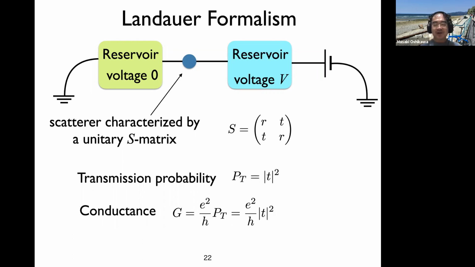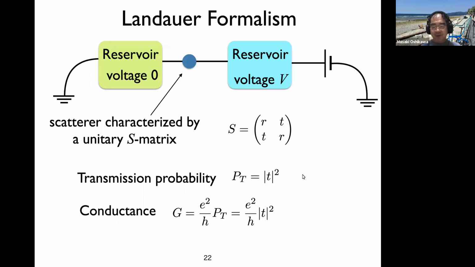So Joule heat is produced inside the reservoir, not at the scatterer or in the one-dimensional channel. This is an initially confusing aspect, but it's how the Joule heat is produced in this setting.